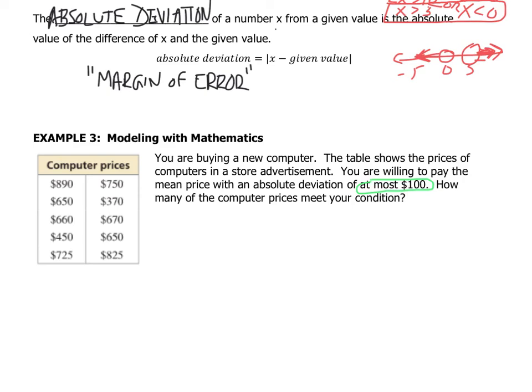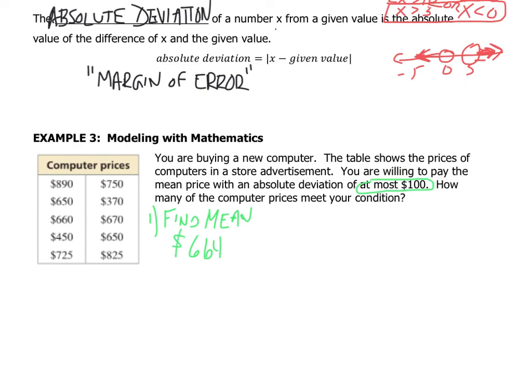So here's how we would just do this. Number one, you would find the mean. So we all know finding the mean. We add up all the computer prices and we divide it by the number of computers. So that comes out to be $664 for this bunch that we looked at.